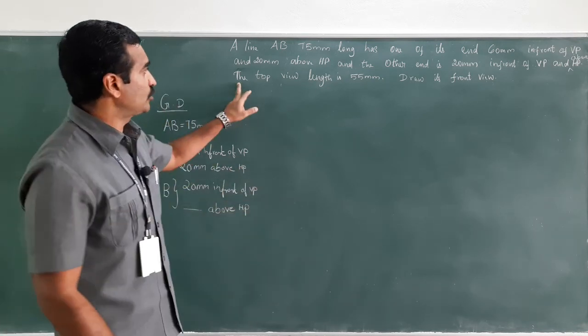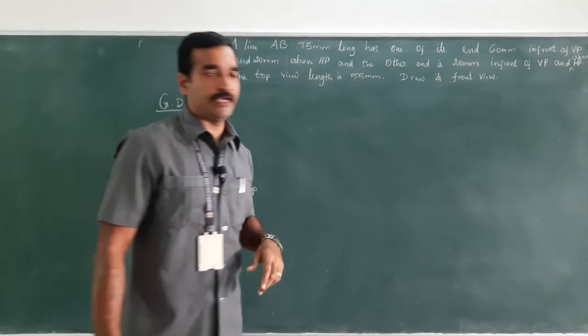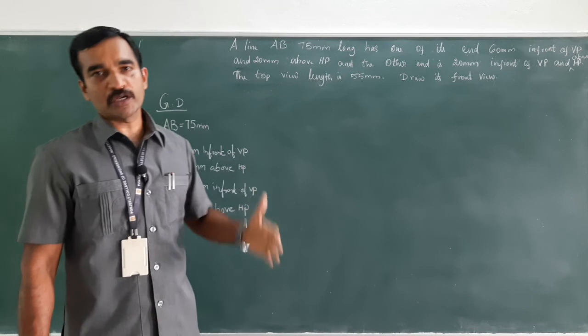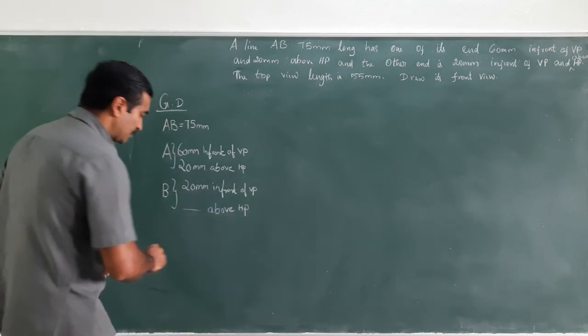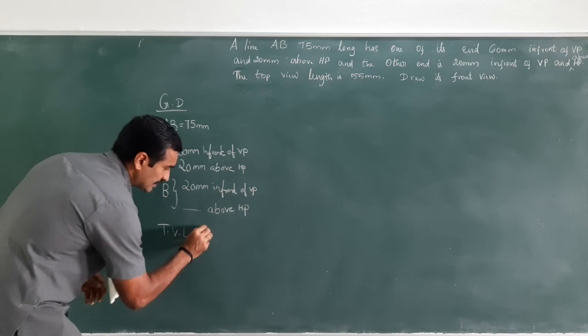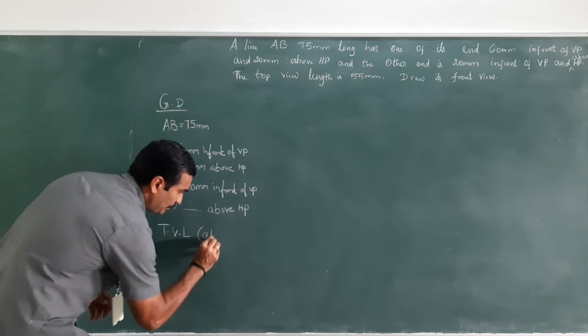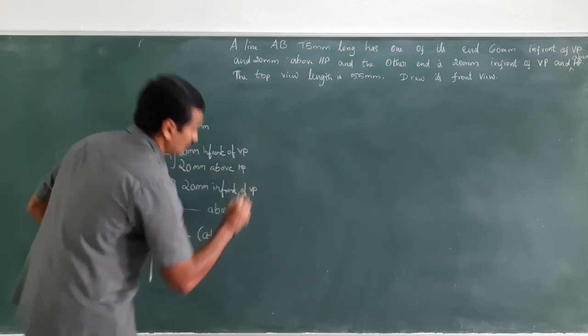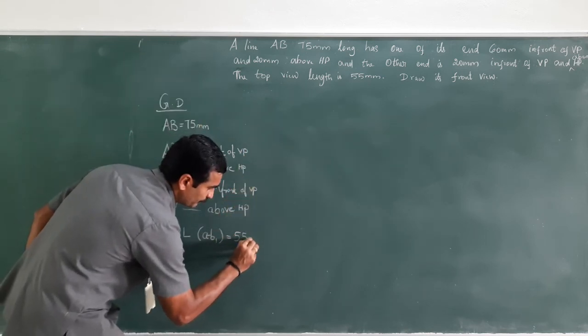Fine. And the top view length is 55 mm. Where do you get the top view length? On the locus of A, that is top view length, which is nothing but AB1, which is equal to 55 mm.